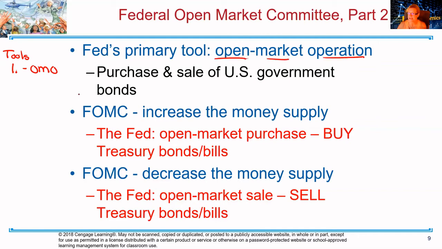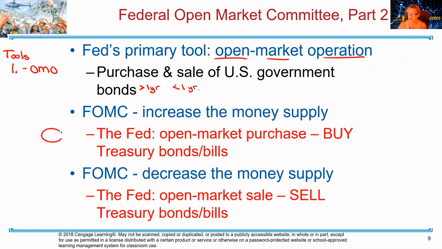Basically, it's the buying and selling of bonds. Could be bills as well. Difference between a bond and a bill: a bond is greater than 1 year, a bill is less than 1 year. So if the Fed, or FOMC, wants to increase the money supply, what they would do is buy bills and bonds from the public.